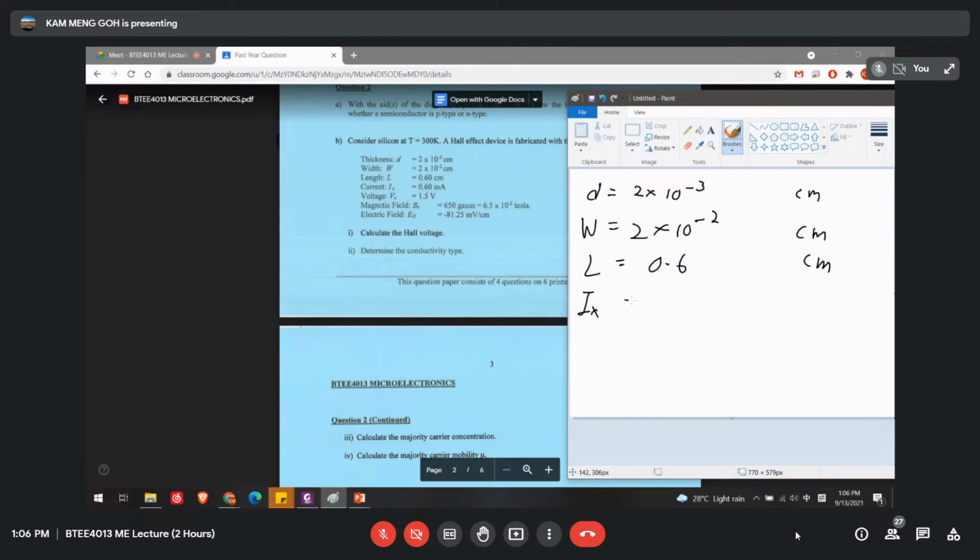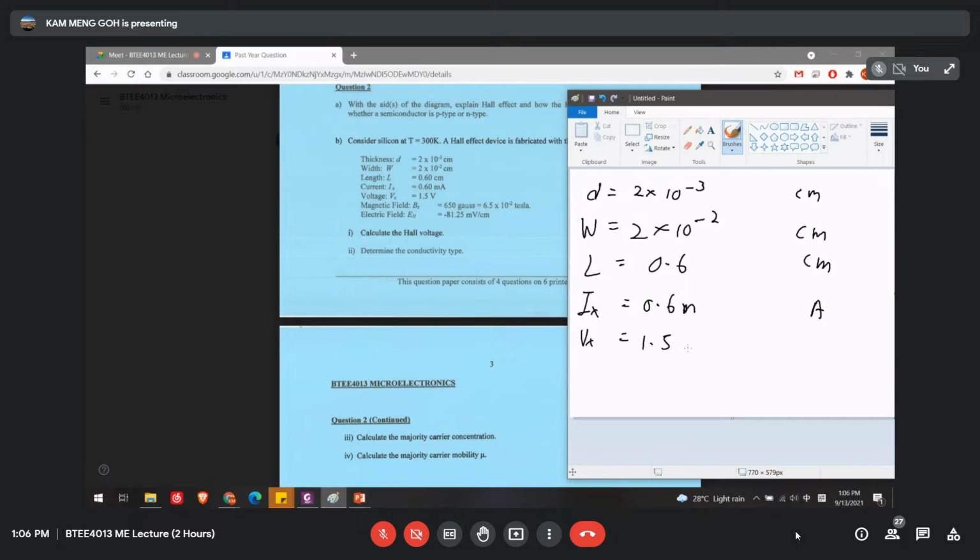Current Ix is 0.6 mA, voltage 1.5, and the magnetic field is 6.5 times 10 to the power negative 2. EH is negative 81.25 mV/cm.